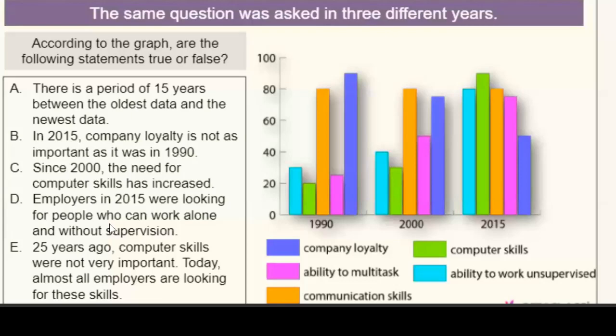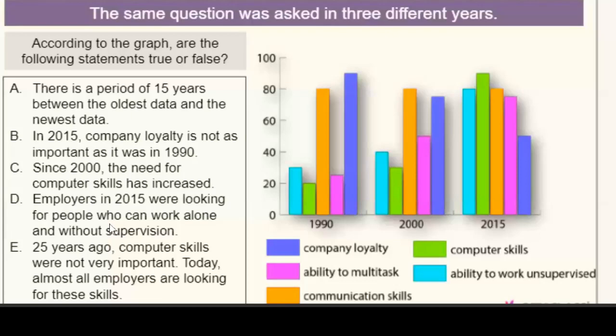Employers in 2015 were looking for people who can work alone and without supervision. I mean, all of them will. So this one is really going to be neutral, honestly. Yes, it's there, but in all of the years they're looking for the same thing.